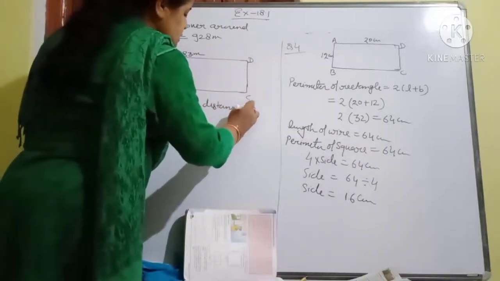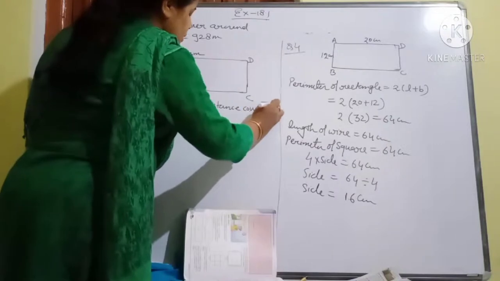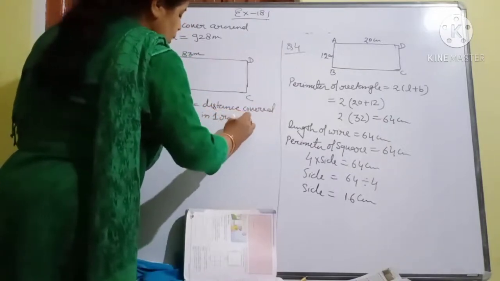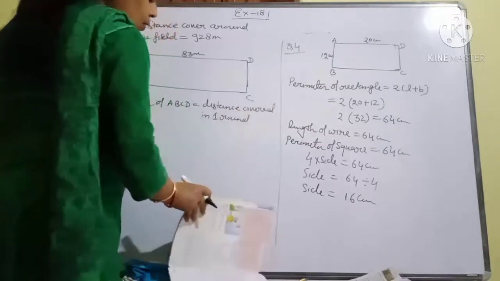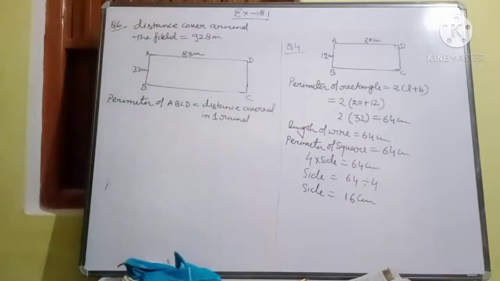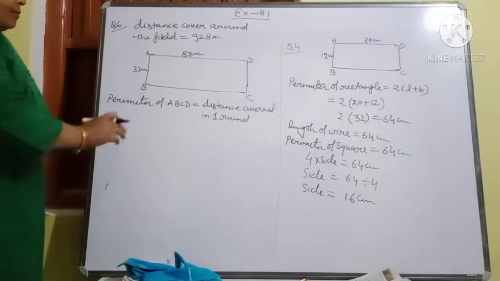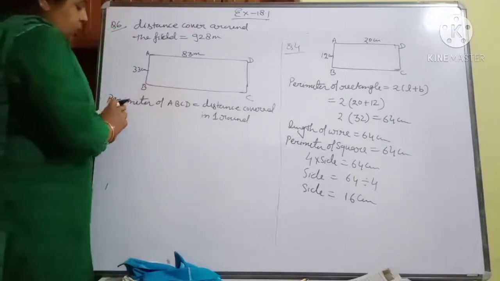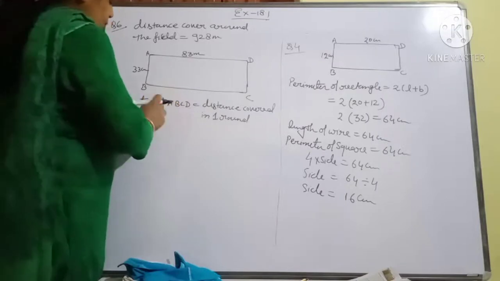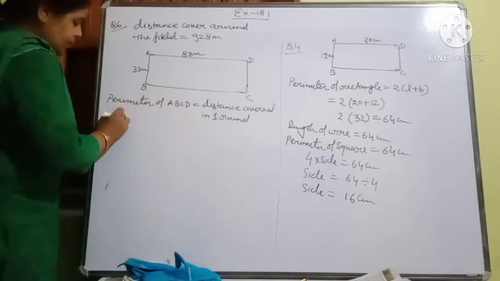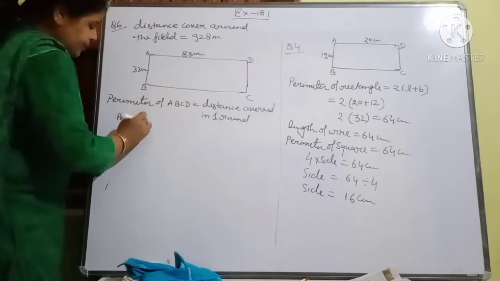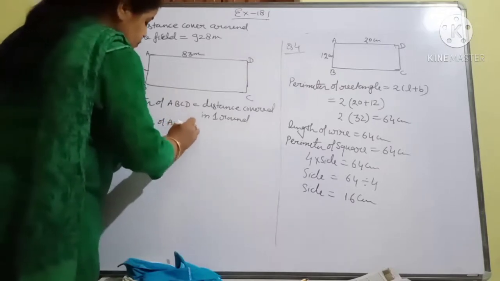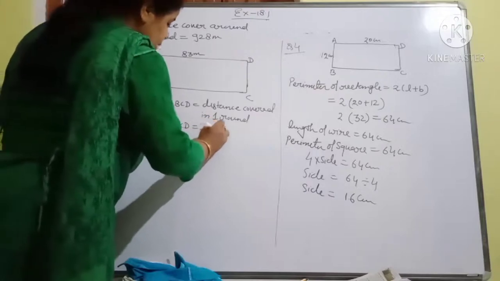Distance covered in one round. Okay. If in one round we go along the boundary around the field, how much distance will we cover in a rectangular garden? Equal to its perimeter. So see, the perimeter of ABCD is equal to 2 into (length plus breadth).